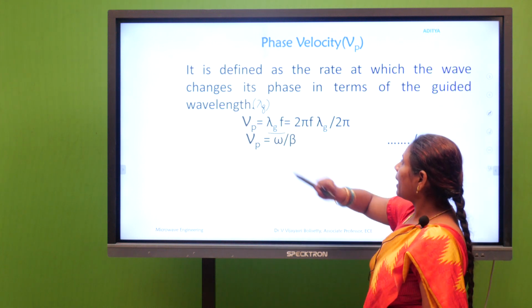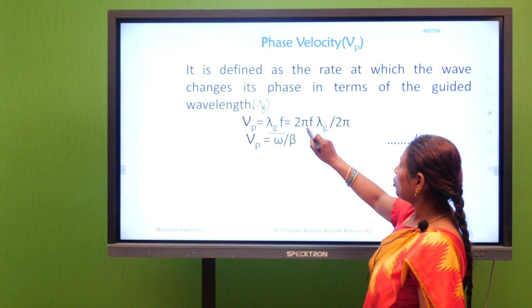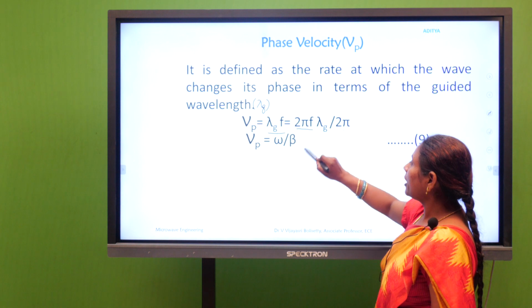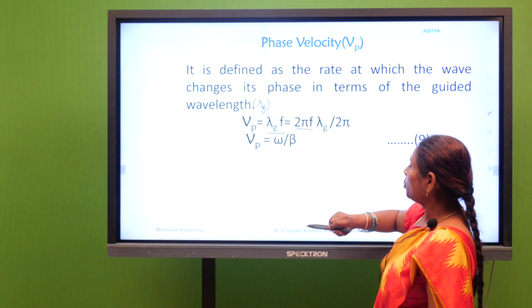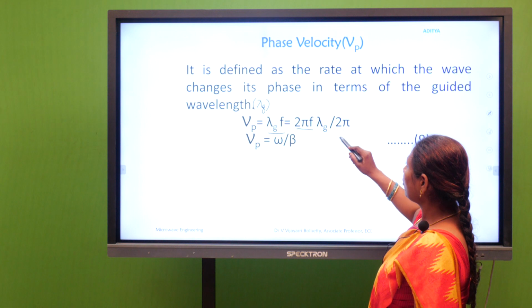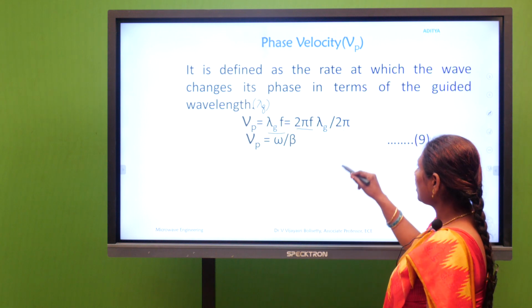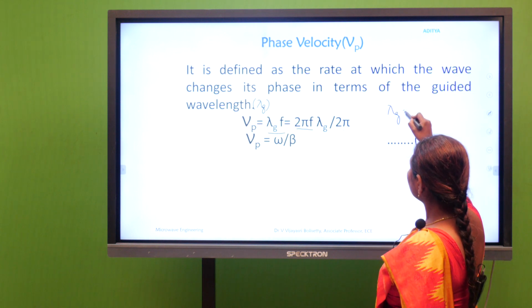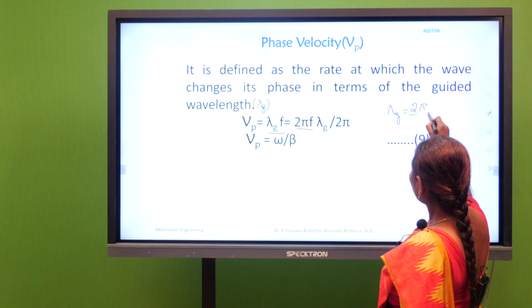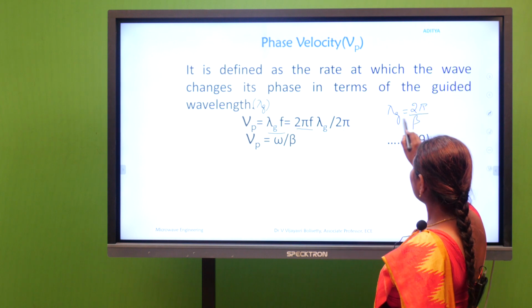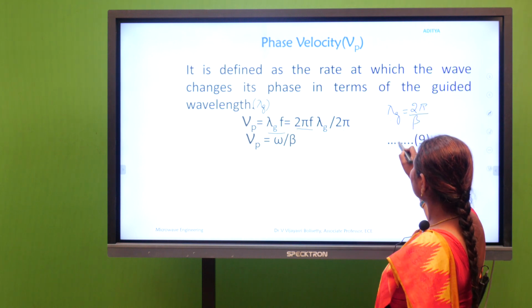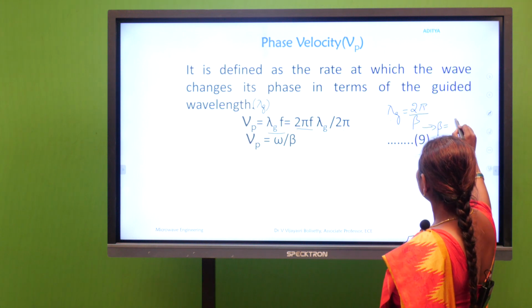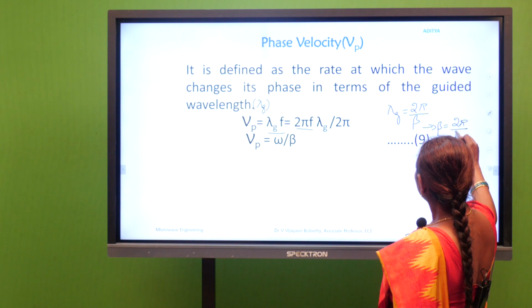If you multiply lambda g f by 2 pi in both numerator and denominator, we get 2 pi f into lambda g by 2 pi. Since lambda g is equal to 2 pi by beta, lambda g by 2 pi is 1 by beta, that is, beta is equal to 2 pi by lambda g.